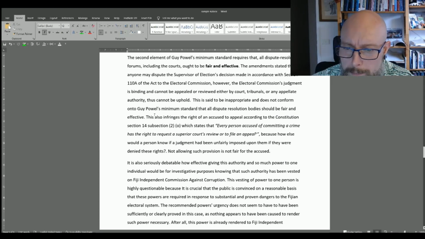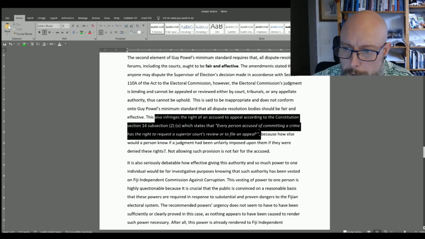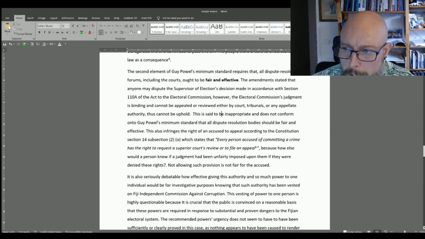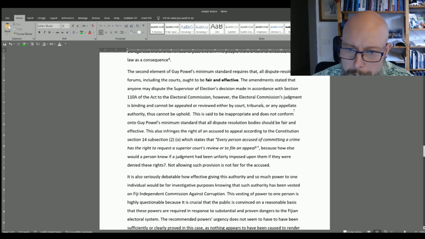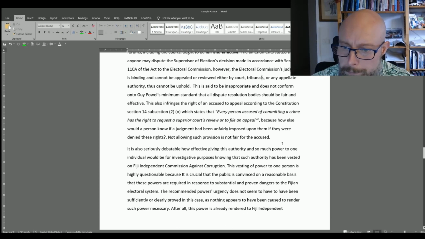Right of an accused to an appeal. Okay. So we've said that there is this process and then what the Electoral Commission says goes, and there's no right of appeal.